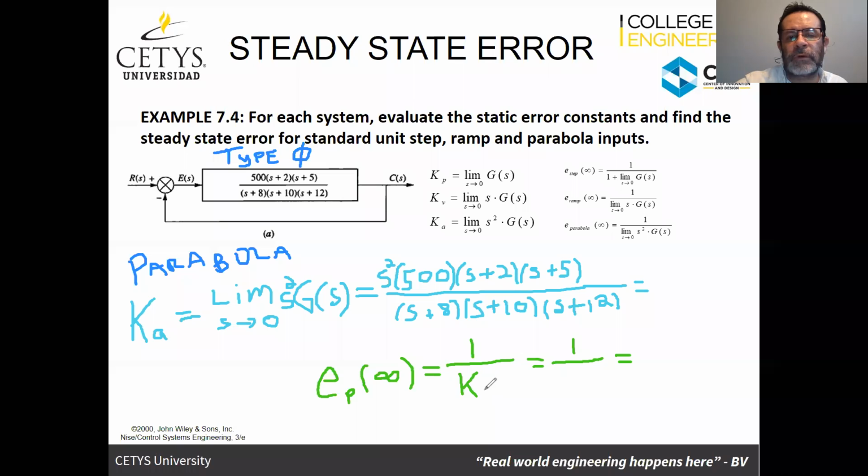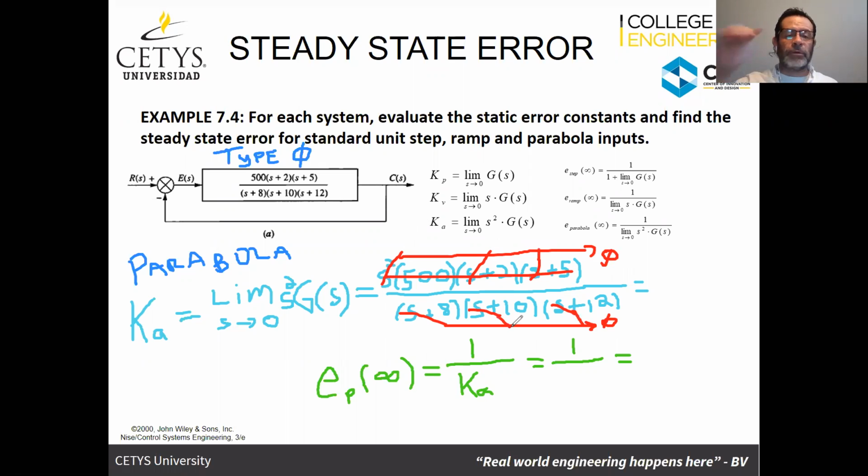Okay. If you notice here, all of this is going to turn to zeros. So this is going to be totally eliminated. These are also 0. And we're going to get a 0 as a KV. We're going to get 0 as a Ka, I'm sorry.